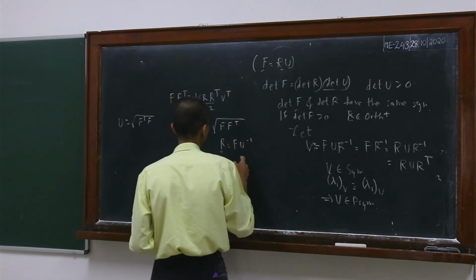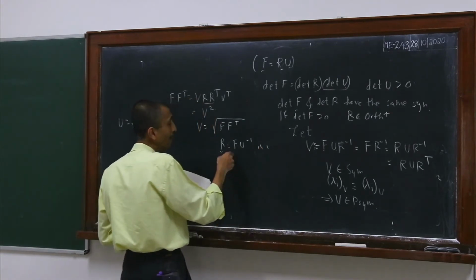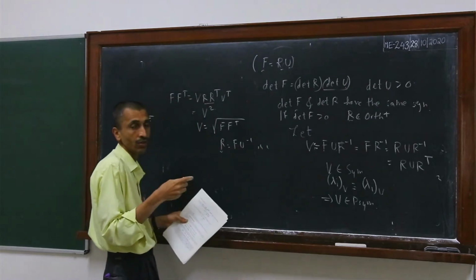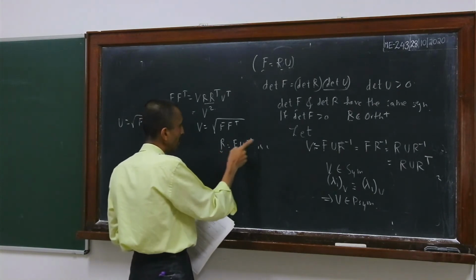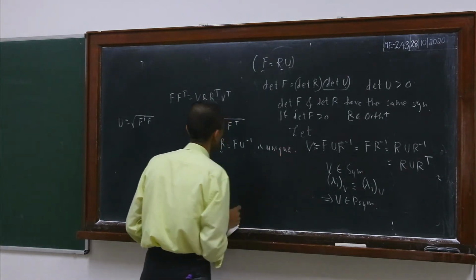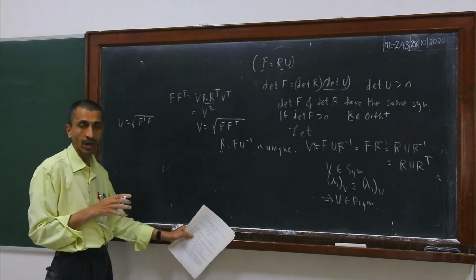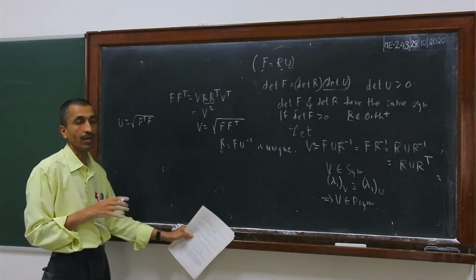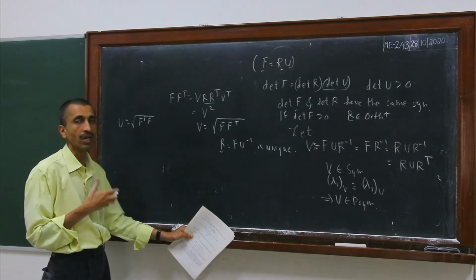So that also is unique, because F is given, so there is no question of uniqueness for F, but U is unique, and so F times U inverse is unique. Right? So to summarize, if determinant of F is not equal to 0, then the polar decomposition is unique, right? So that means R is unique, U is unique, V is unique.